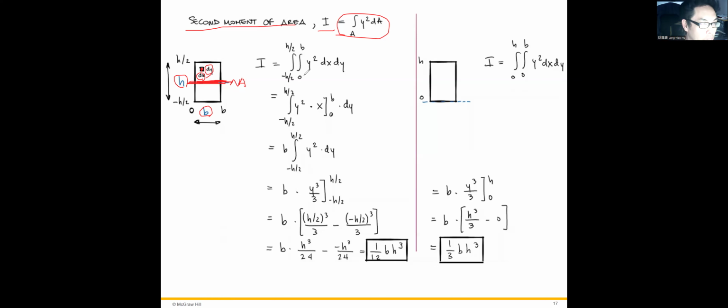Okay, suppose we define the neutral axis as the center of the coordinates. Therefore we can take the double integration from coordinates like this. We take the integration from 0 to b, from here to here. And we take the integration from minus half h to plus half h, right? Y squared times dA, which is dx dy.